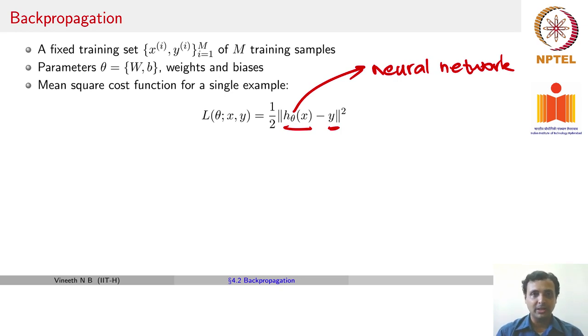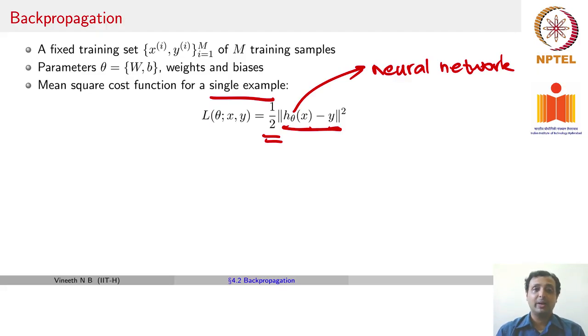So given one particular sample x and its correct label y, your loss function is given by half of h theta of x minus y whole square. Remember, we said mean squared error. We are not doing the mean here because it's a single sample. We however multiply it by half purely for mathematical simplicity. You'll see why a bit later.